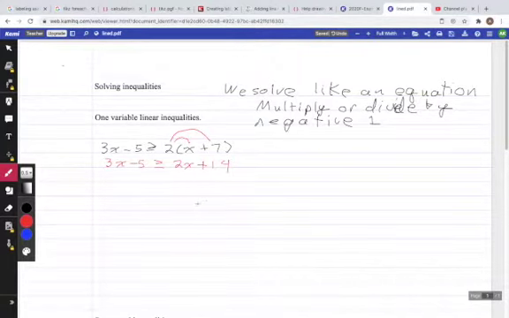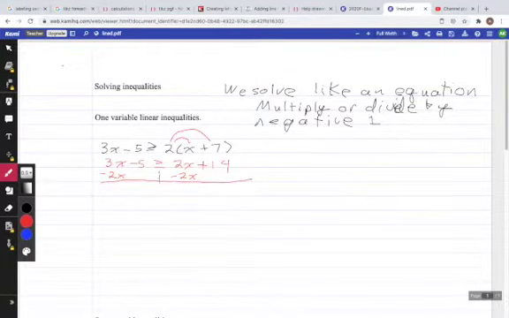Now here we have to move all the variables to one side of the inequality, and we would do that just like we have with our equations. We're going to move the 2x in this case.